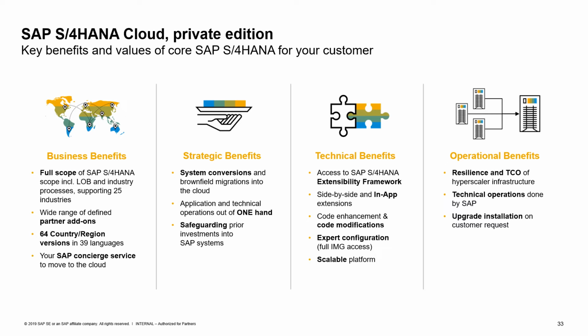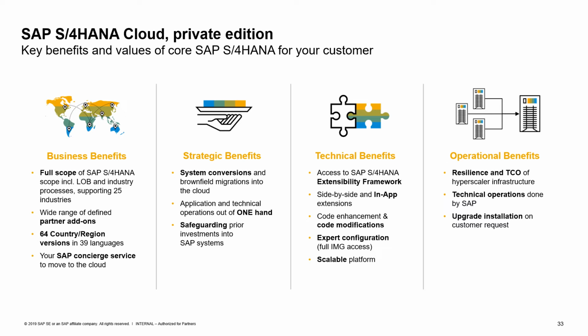Next, let's take a look at the strategic benefits. S4HANA Cloud Private Edition allows for system conversions and brownfield migrations into the cloud. Okay, so this is different than Extended Edition if you've been working with S4HANA Cloud Extended Edition. So system conversions and brownfields are permitted.